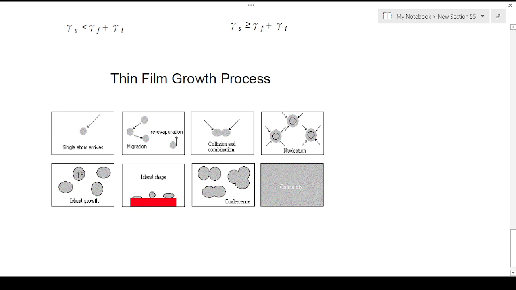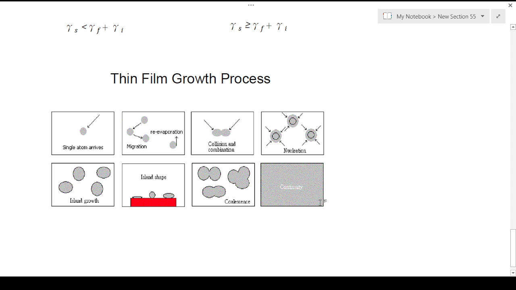This nucleation results in island formation, and these islands form on the substrate with different shapes. The islands then coalesce, combining with each other, and a layer forms. Now we have a continuous film, with no more difference of island formation, as time progresses.